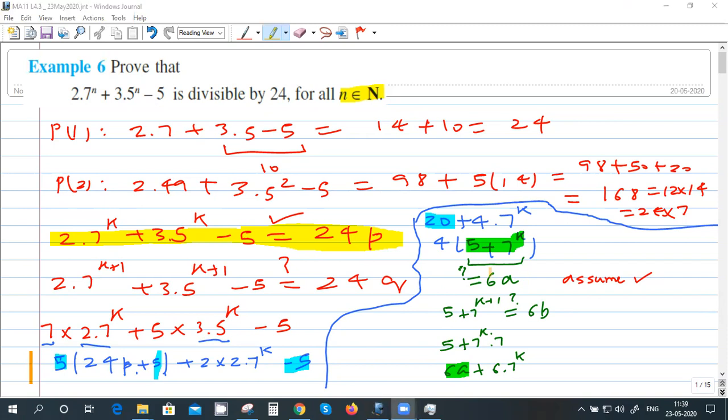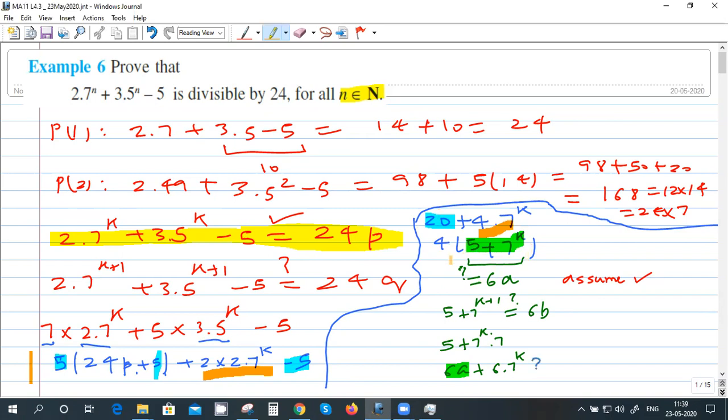And then 4 into 7 raised to the power k, this one. Right? So if I take 4 out, it will become 5 plus 7 raised to the power k.